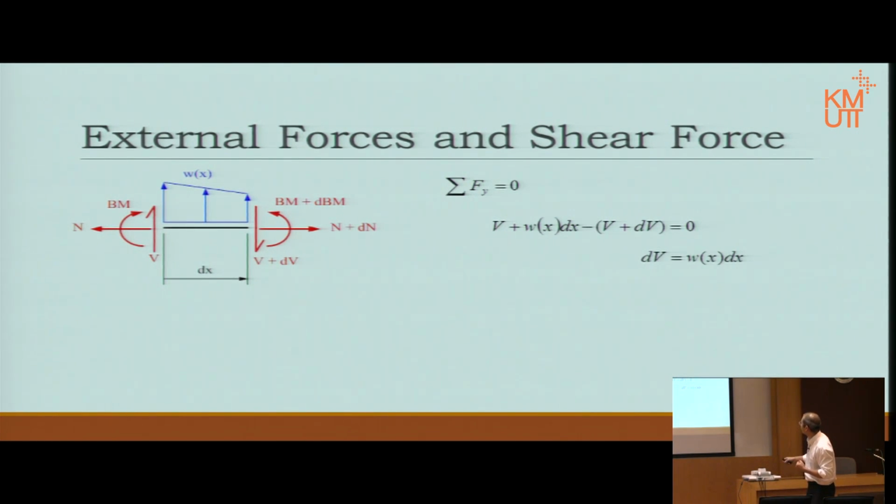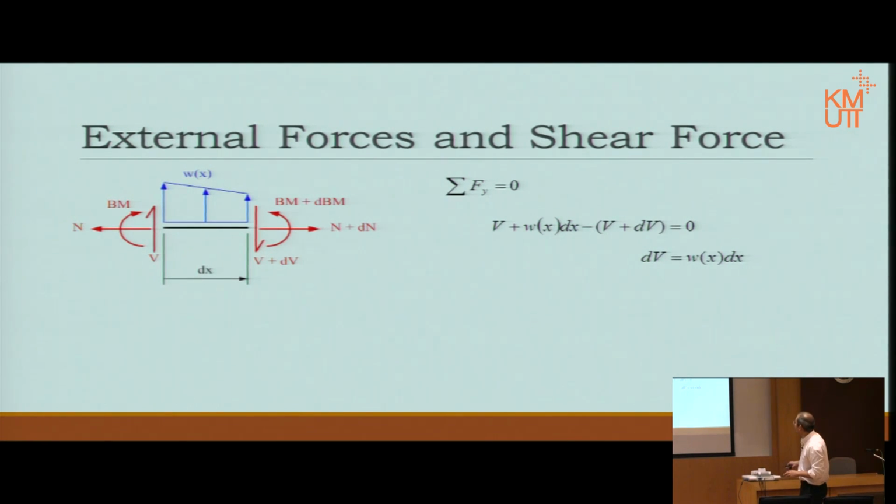If we separate it out, of course we have V and then the distributed load and then minus V. Therefore what we have is minus dV left. Oh no, sorry, it's minus dV left. Okay, so if I move things around, minus dV onto the other side becomes dV, positive. Because what I want is to find the change in the shear force, therefore I set an equation in terms of the change in the shear force on the left hand side.